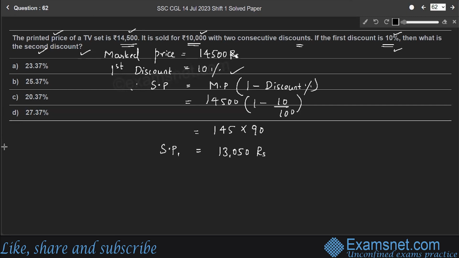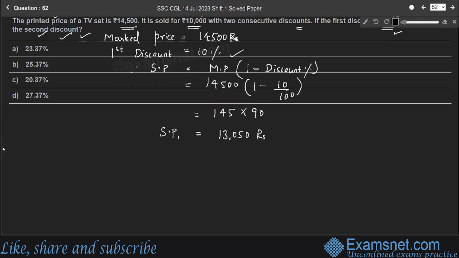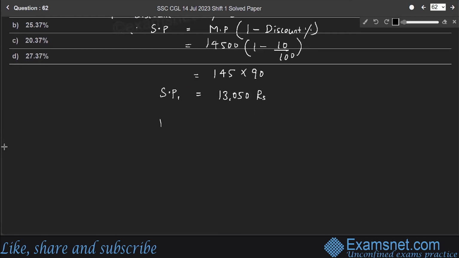Again, a discount, a second discount has been given, right? Let the second discount be D2. By the formula, the selling price after giving the second discount, therefore selling price 2, is equal to marked price into 1 minus discount 2.